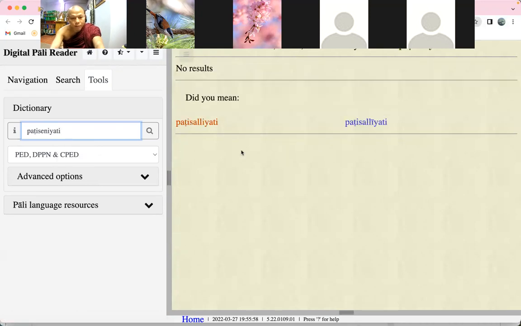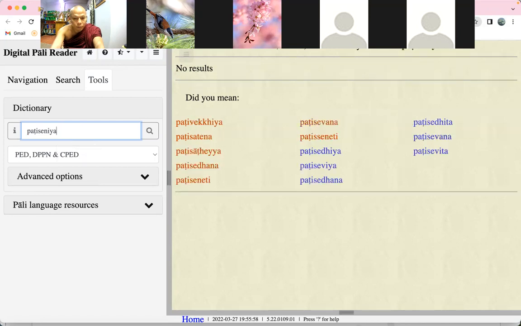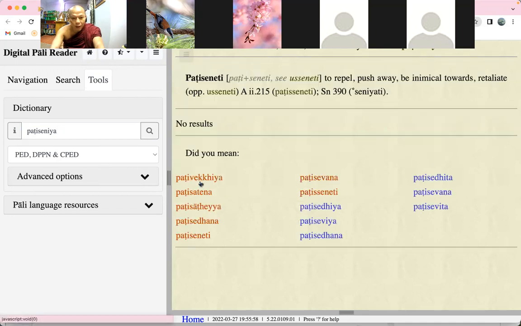Patiseniyati. Patiseni means making again. Patiseneti. Yeah. Patiseneti, that was. So A is changed, I is changed. Patiseni is repel, or push away, or retaliate. Okay, push away.